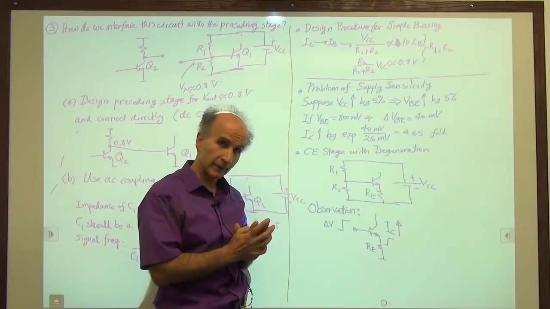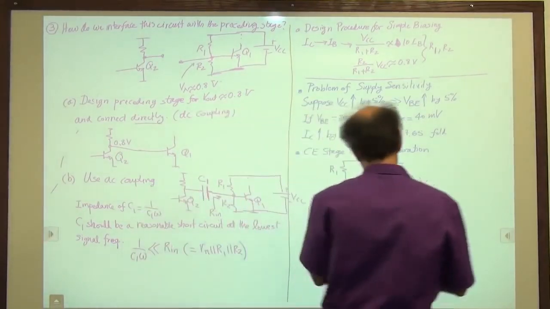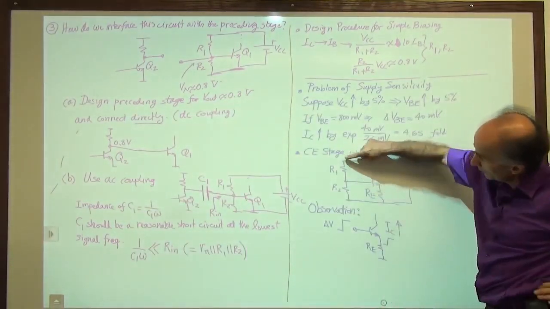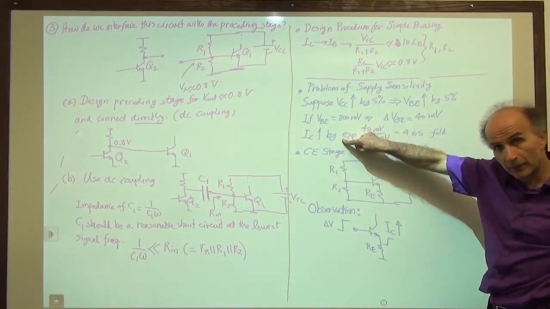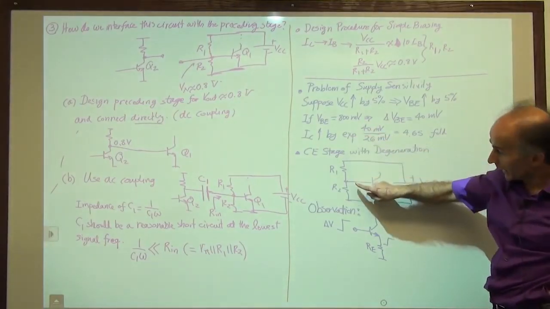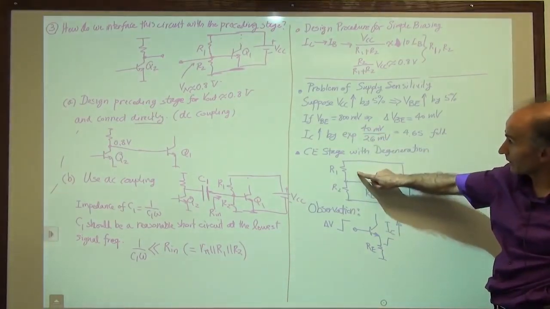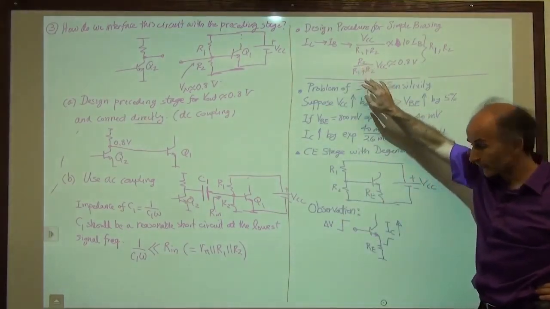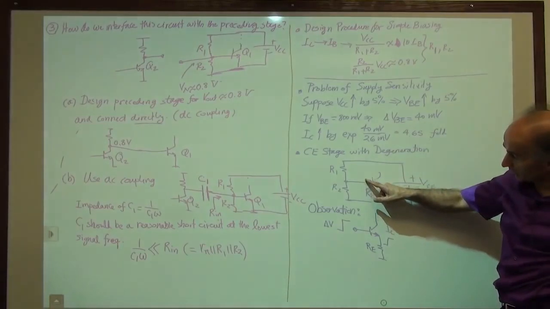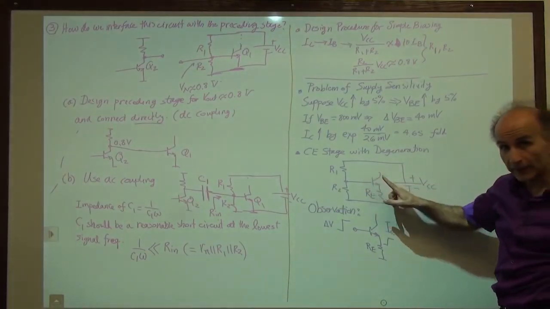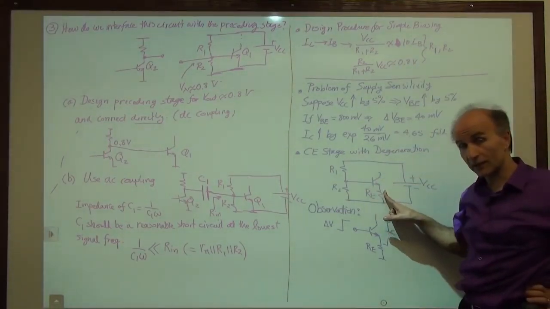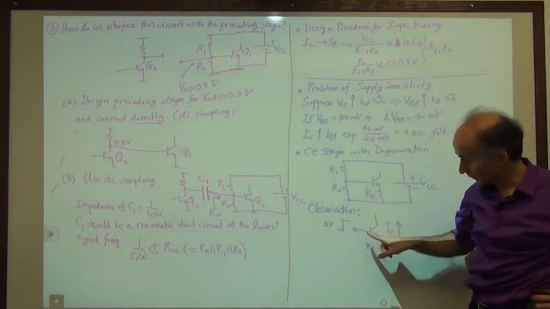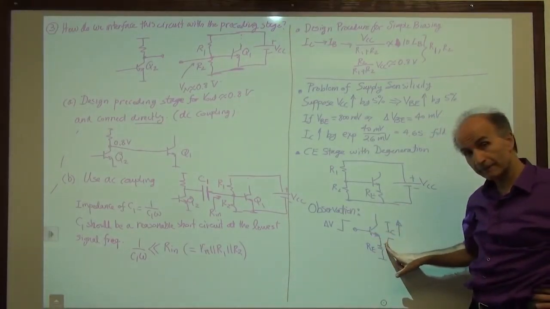Well, to some extent, what we can see is the following. If the supply voltage goes up by 5% and the base voltage goes up by 5%, because it's still given by this type of equation, the base goes up by 5%, but the emitter voltage is not constant. The emitter voltage also goes up.